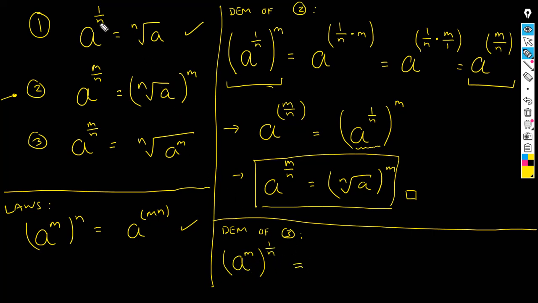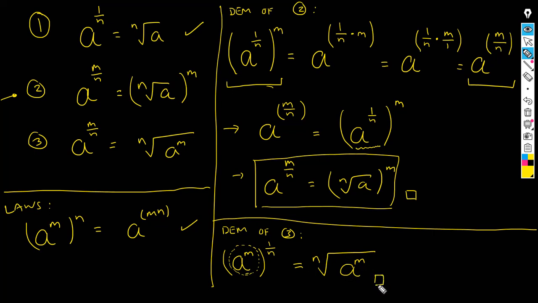Basically I'm raising a number to the 1 over n, so I can use this first fact. If I raise a number to the 1 over n, that's equal to the n root of the number. In this case, by number, I mean all of this. I'm raising this number to the 1 over n. So that's going to be equal to the n root of such number, which is a to the m.